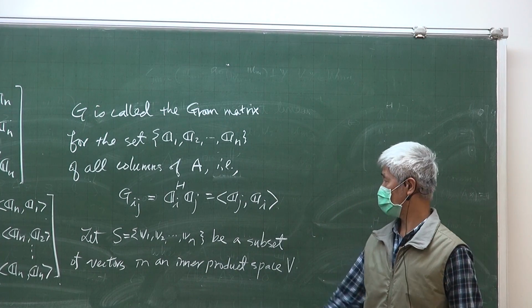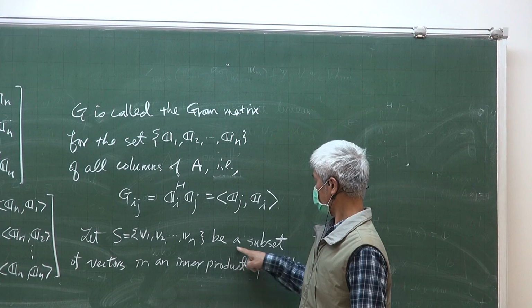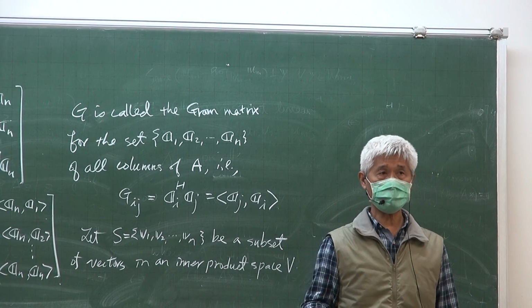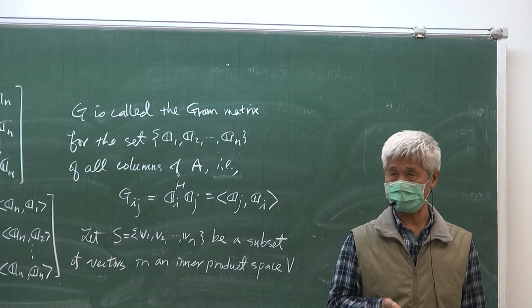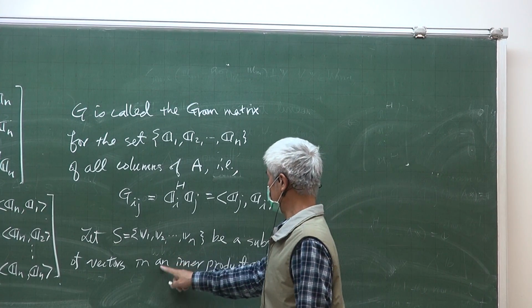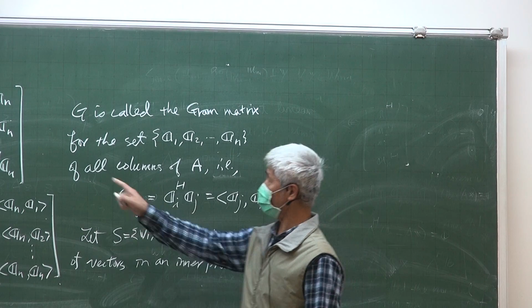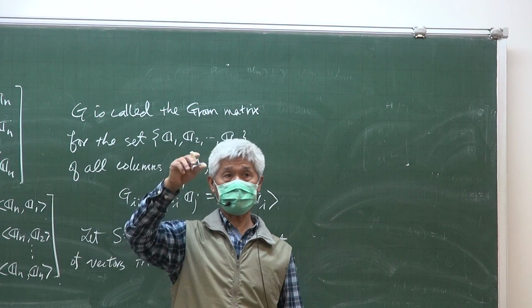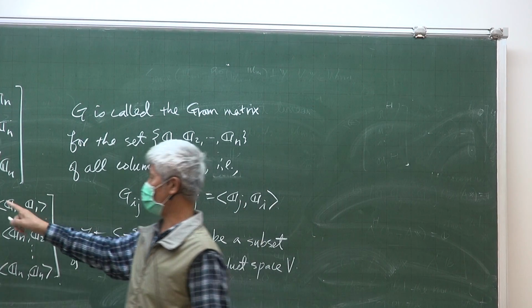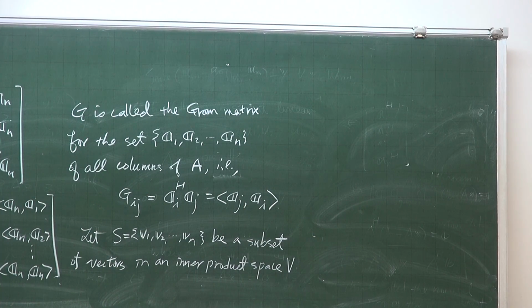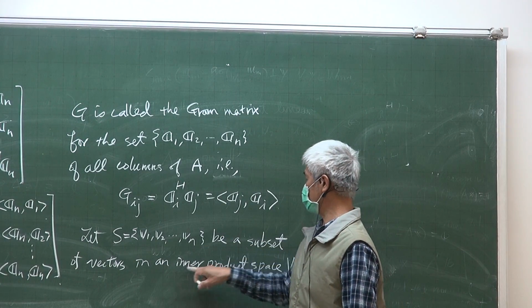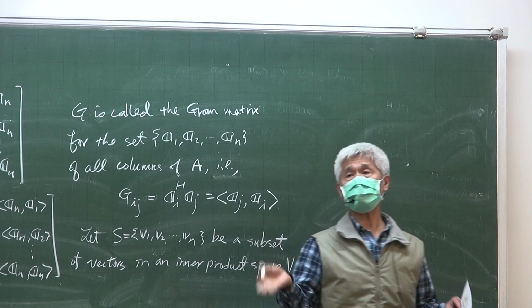So suppose we have a set, and this set may be linearly dependent or linearly independent, whatever, and the vectors are in any inner product space. Here we are considering vectors in a Euclidean space, which is special because it comes from the normal equation. But the concept can be generalized for an arbitrary inner product space, including function spaces.